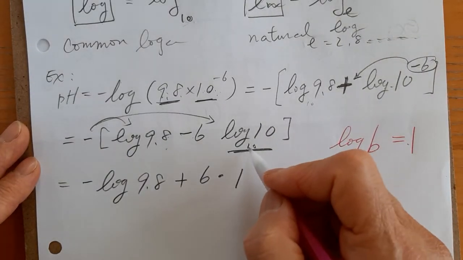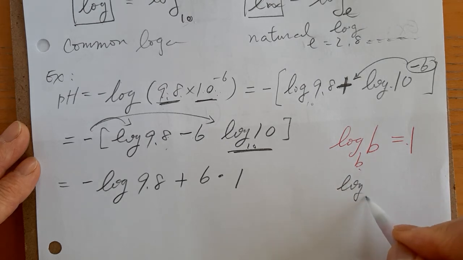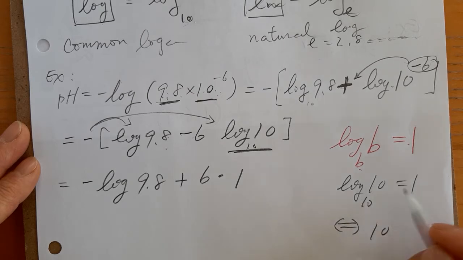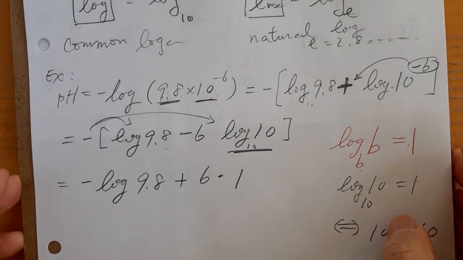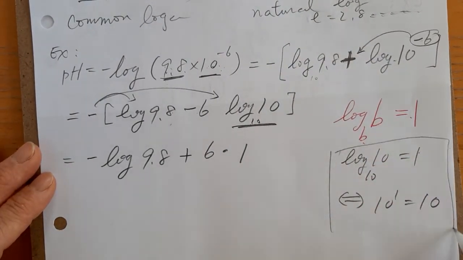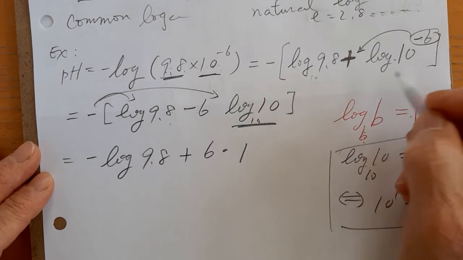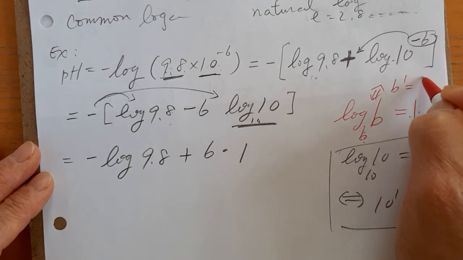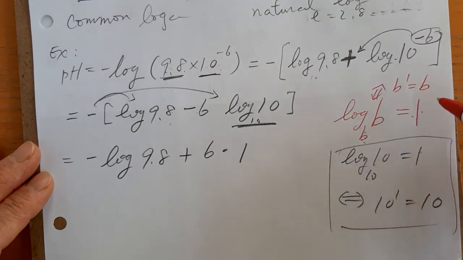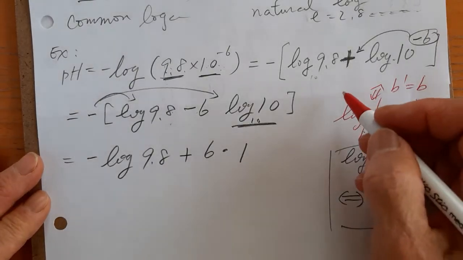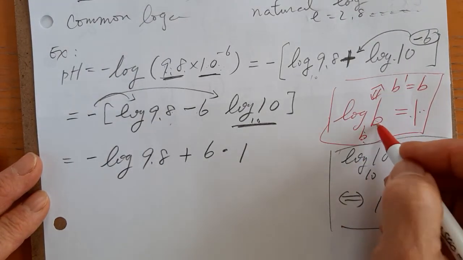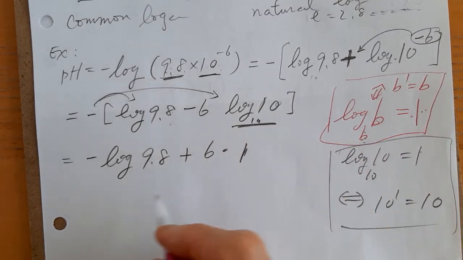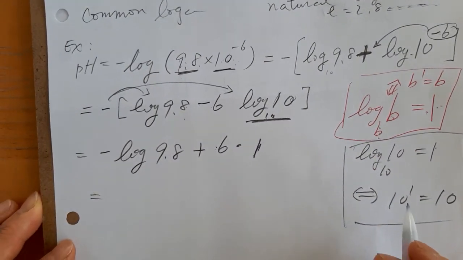So log base 10 of 10 equals 1, because 10 to the power 1 equals 10. So 6 times 1 is 6.